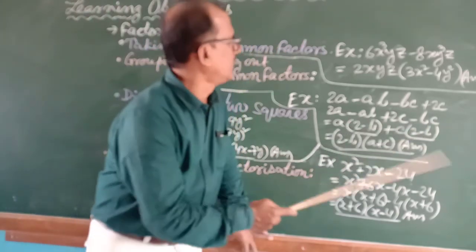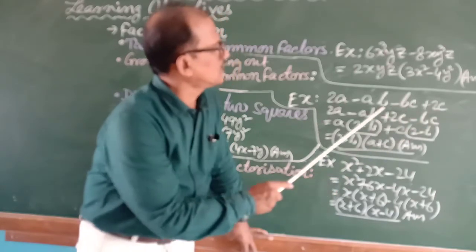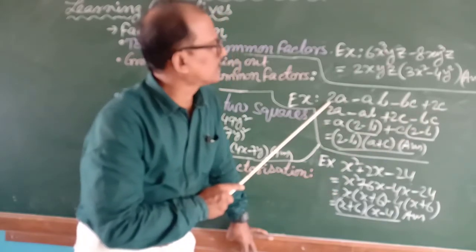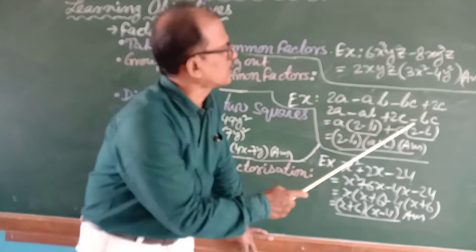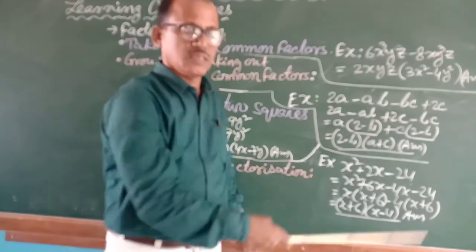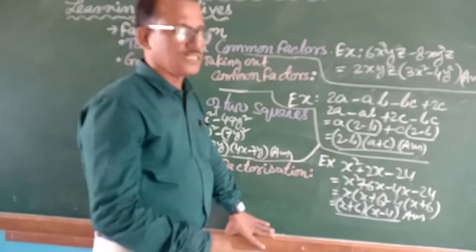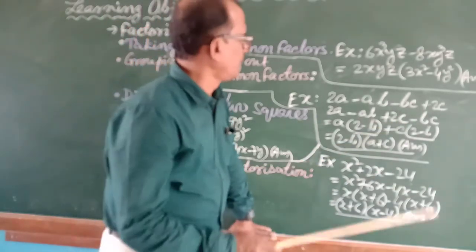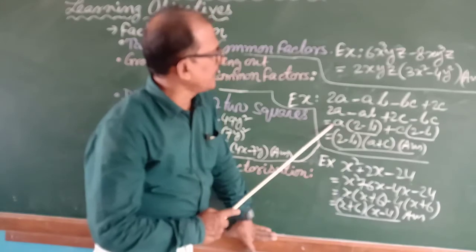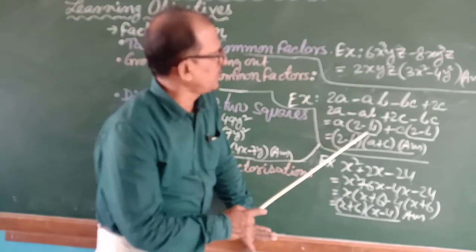That is why I have rearranged these terms, especially 2c minus bc. You can regroup that one. To understand, it is given in a group, you can rearrange it for your own convenience. Now among these two terms, a is common, so 2 minus b is remaining.